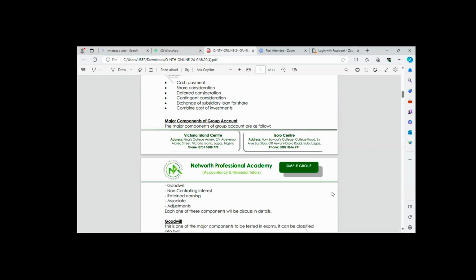So, who can tell us the formula for goodwill? Not define, the formula for goodwill. Is there anybody who wants to try?